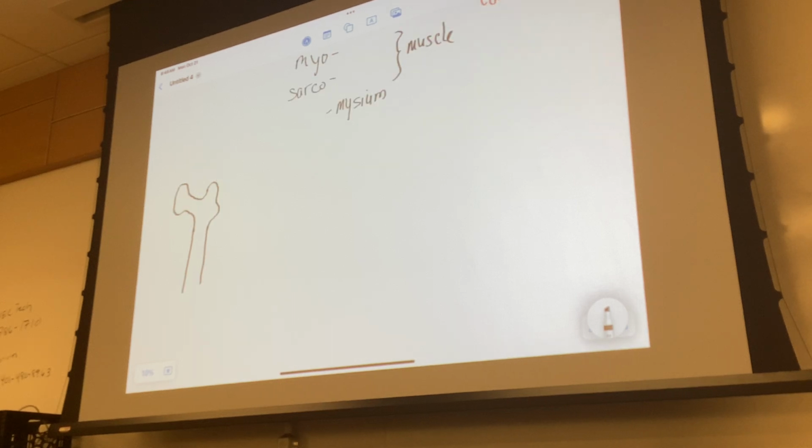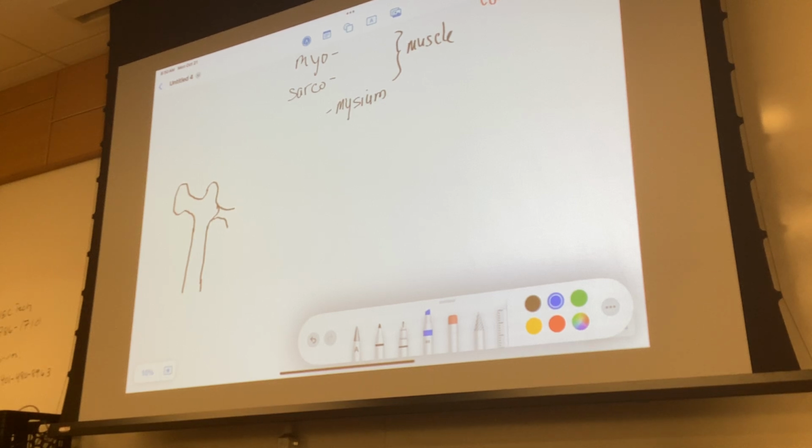Ms. Angel would not think this is anatomically correct, but it's close enough. You hopefully will think that this is a bone, and in particular it's meant to be the femur. There are a couple of processes that hang off of the femur, and those processes are the trochanters, right?